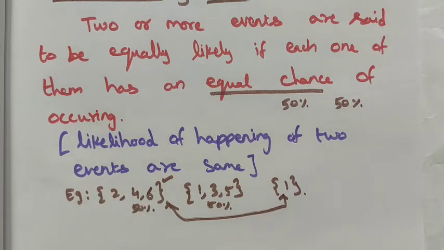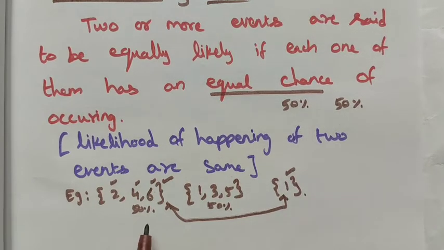By 3 trials, 3 experiments we can get 2, 4, 6. Here 2 is one experiment, 4 is another experiment, and 6 is another experiment. Here we have 3 experiments, but to get 1 we have only 1 experiment. So it is not equally likely. They have to give equal chances. That is the condition, right?